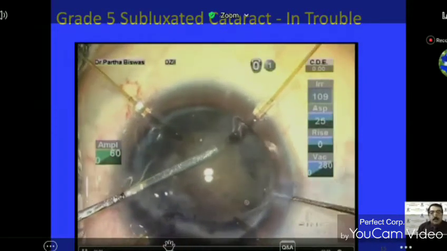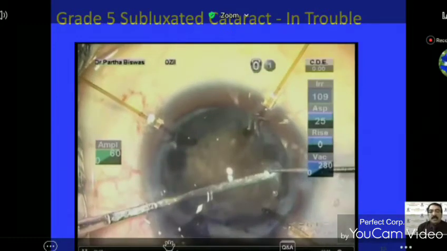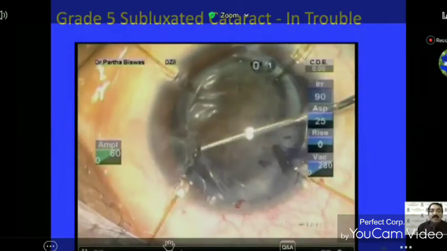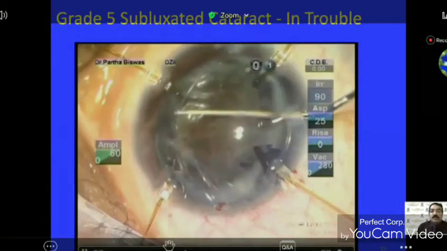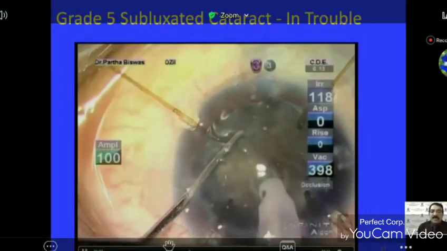With the capsular hooks and the CTR in place, phacoemulsification becomes quite easy, and we are able to do a gentle hydrodissection. As you can see, the subluxated lens, which was nearly half into the anterior chamber, has settled to an extent.